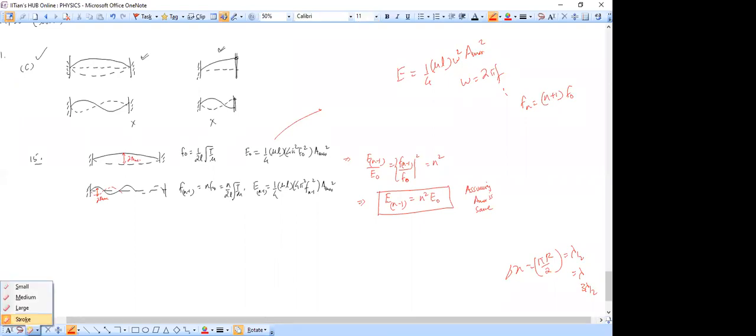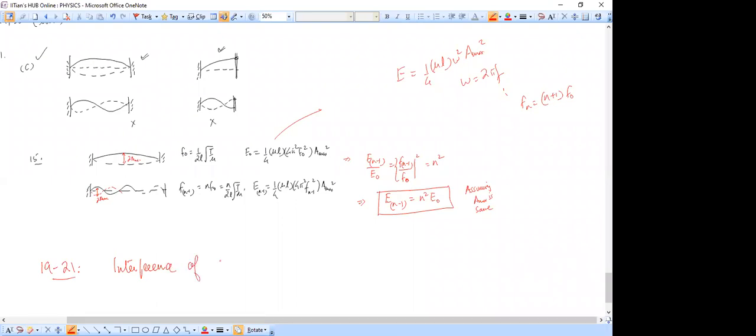However, we will discuss it in interference of sound waves. So that passage 19 to 21 has to do with interference of sound waves, where the concept is the same. The amplitude will add according to this formula: A1 squared plus A2 squared plus 2 A1 A2 cos delta phi, but only this will be a pressure amplitude instead of a displacement amplitude.